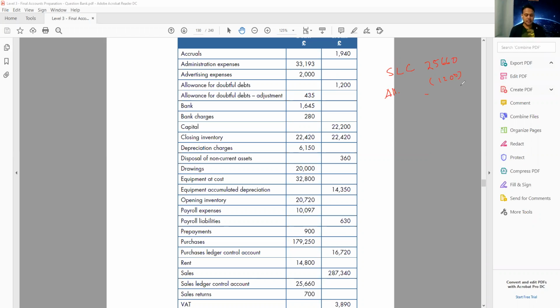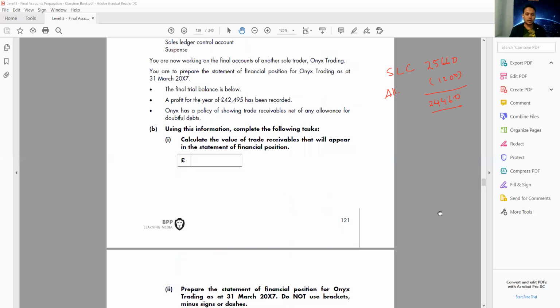And my sales ledger will be how much? 24,460. All right, so this will be our sales ledger control balance. So here we'll go back now, and we're going to write here 24,460.